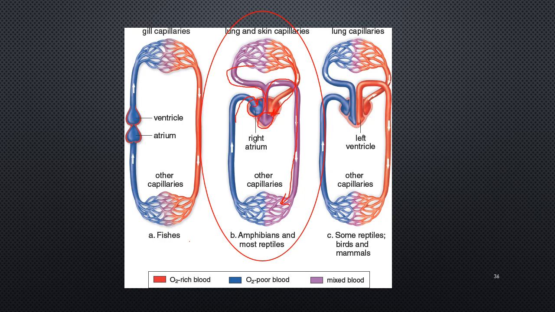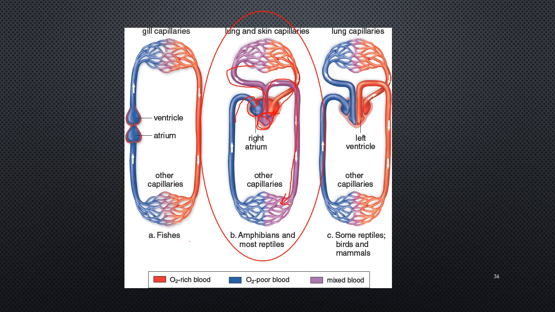And both of the atria empty into the single ventricle right here. And so that allows for the oxygen-rich blood to mix with the oxygen-depleted blood. And that assures that some blood always passes to the lungs and the skin and then back to the heart.